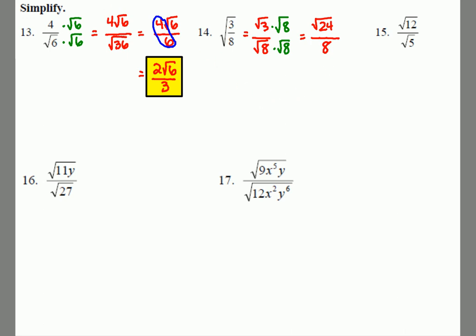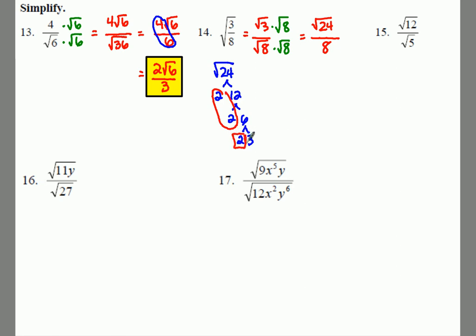Now we're going to have to double check to see if we can simplify your radical 24. So if you have radical 24, can you do a factor tree and reduce it? So you have 2 times 12, 2 times 6, 2 times 3. So we do have a pair of 2's here that we can take out.